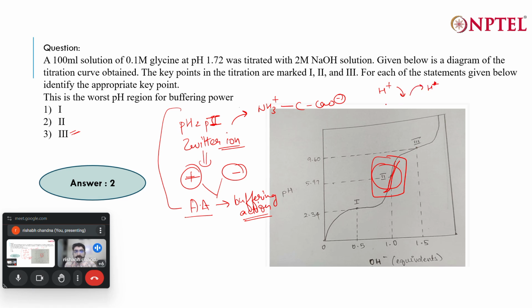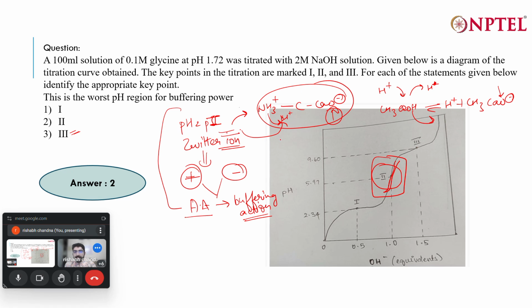For example, if we talk about CH3COOH, it is present in an equilibrium, so it can either accept directly or lose. But in this case, it can donate only once, and it is not able to accept right now, because the pH does not allow it to either donate or accept.